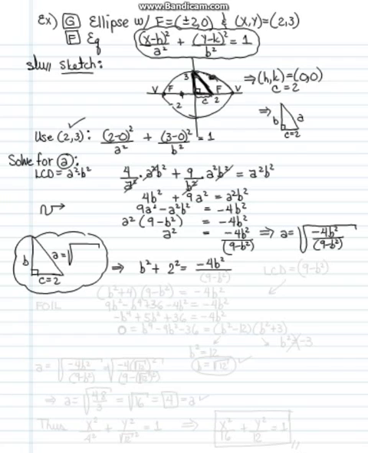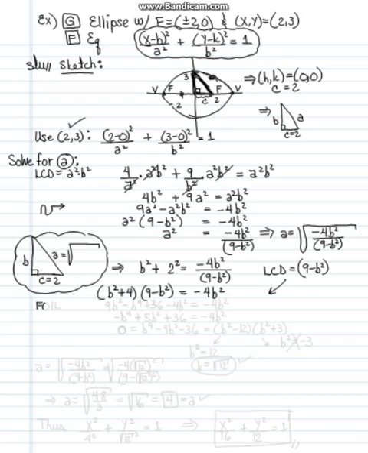When we square it, we just get negative 4b squared over 9 minus b squared. Now the LCD for this is 9 minus b squared. So multiply both sides by that. b squared plus 4, times 9 minus b squared. On the right side, when you multiply, it cancels with the denominator and just leaves negative 4b squared.